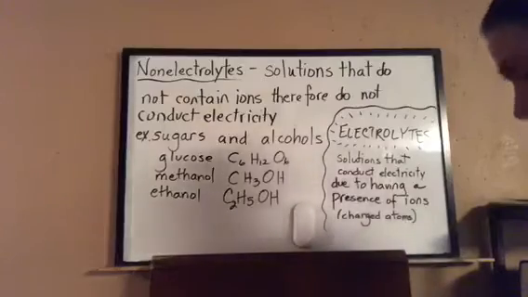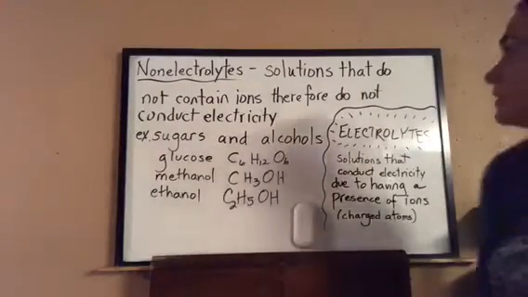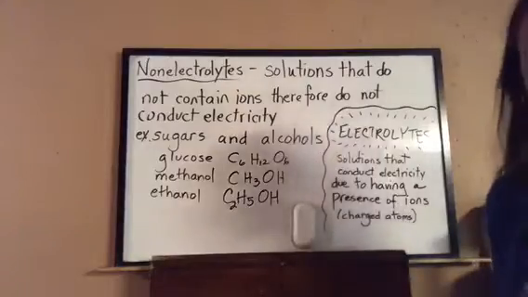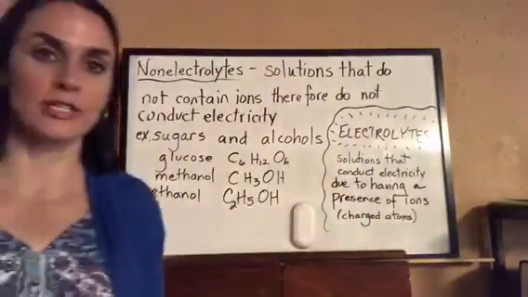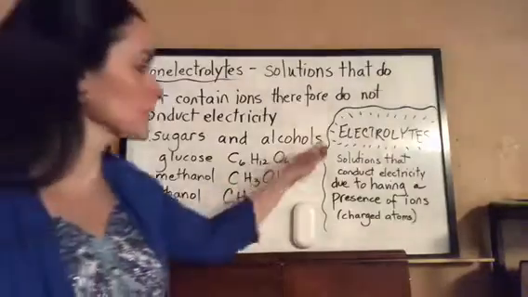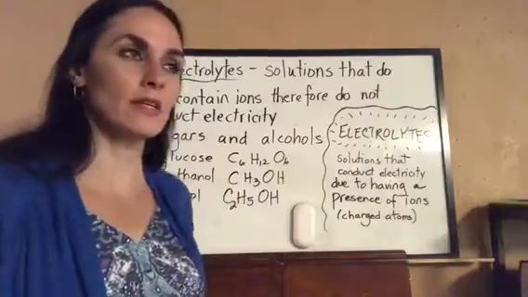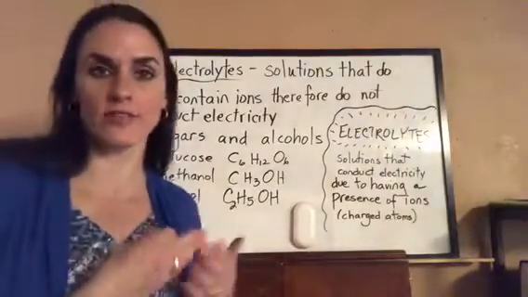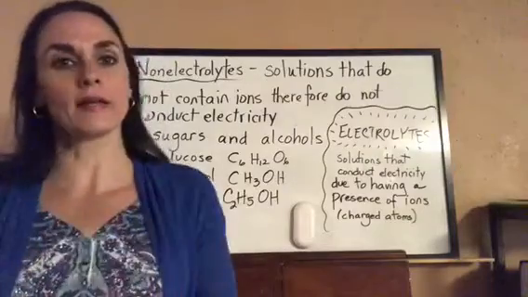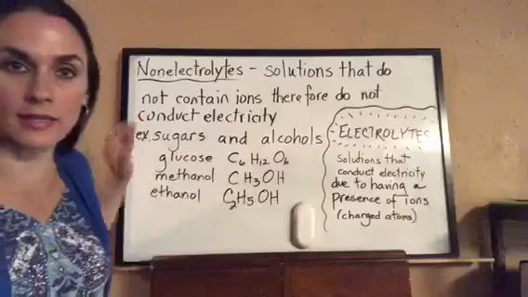Non-electrolytes. Non-electrolytes are solutions that do not contain ions, therefore do not conduct electricity. Now, just to make sure that we have a clear understanding of electrolytes, remember, electrolytes are solutions that conduct electricity due to having a presence of ions, which are charged atoms. And if they have a lot of ions, strong electrolyte; a small amount of ions, weak electrolyte; no ions, non-electrolyte.